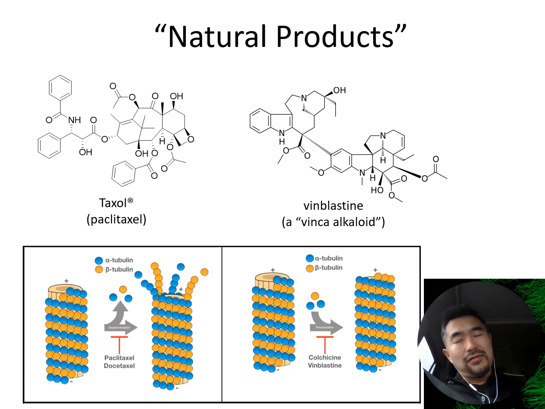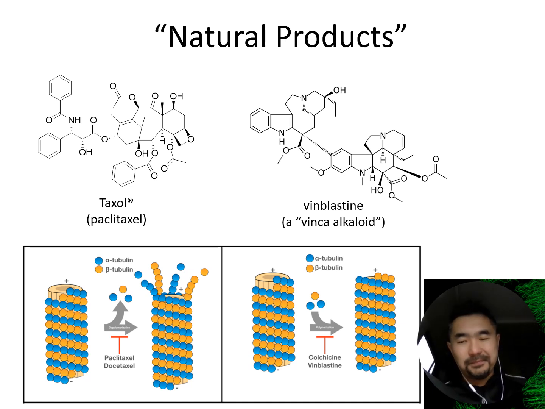And it's not just for replication, but anytime anything needs to be transported within the cell, like a protein that was just translated, those things are transported along microtubules. So those are kind of like a mobile, portable train tracks within the cell.